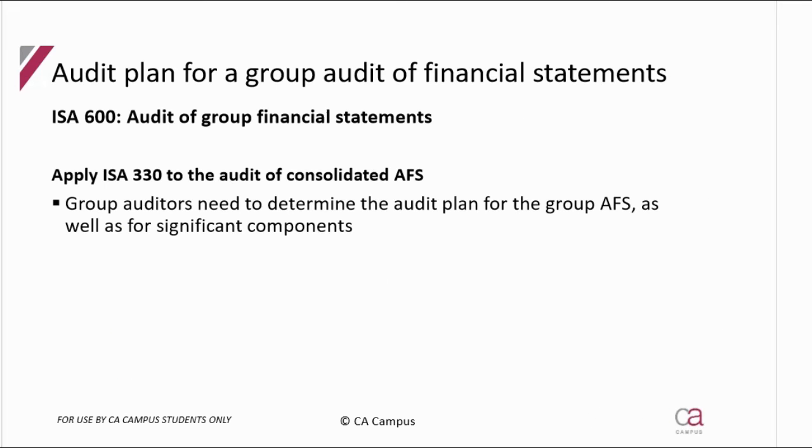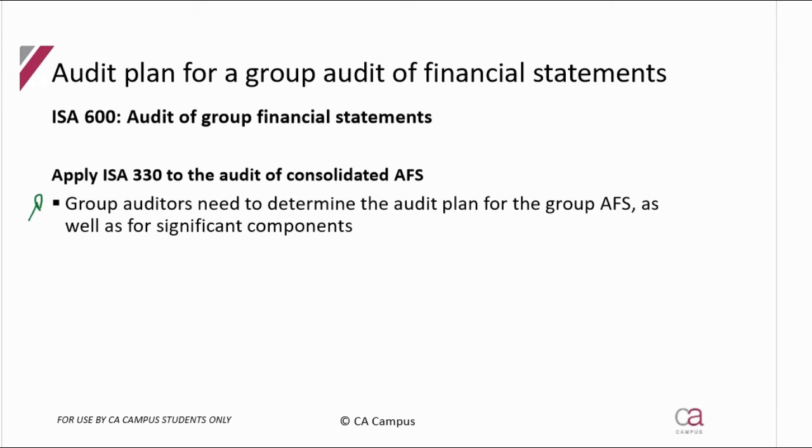Okay, so before we finish with ISA 330 and the audit plan, just to note that if you are doing a group, then the group auditors need to come up with an audit plan for the group as well as the significant components. Because, guys, the significant components are going to be consolidated into the group financials.